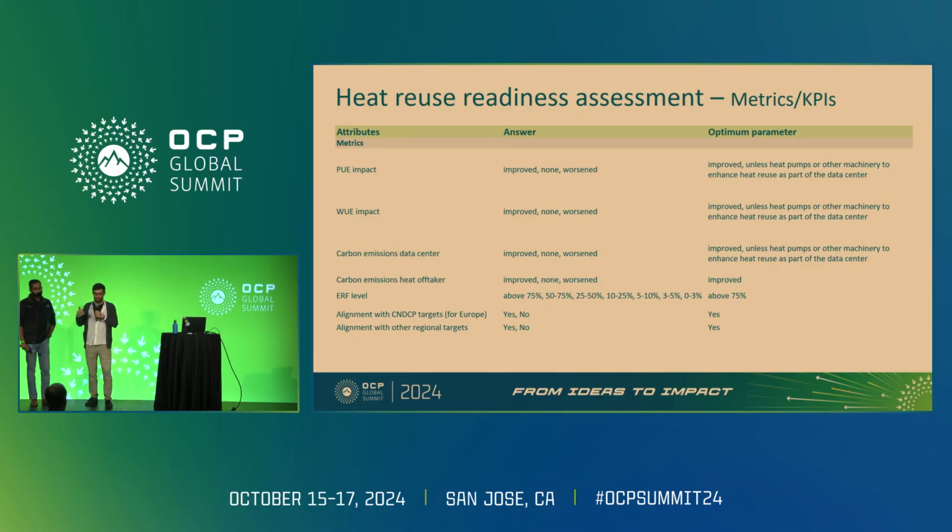Then we talk about the metrics. Metrics are important to quantify and see the final impacts of heat reuse. This is not always a straightforward answer, because sometimes by introducing heat pumps you are consuming more energy. From the data center's global perspective, you are consuming more energy than you are avoiding, and the same happens with the water impact.